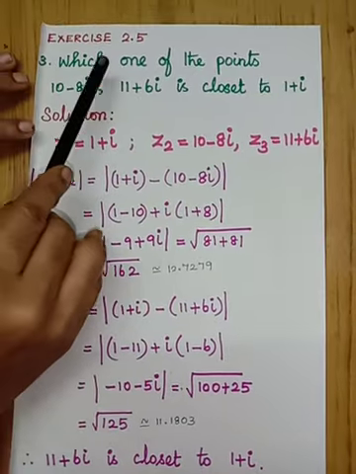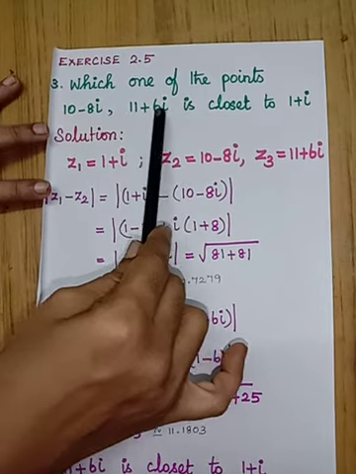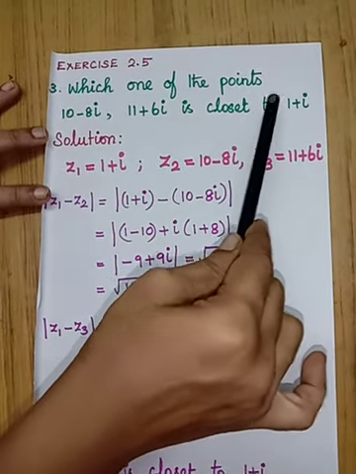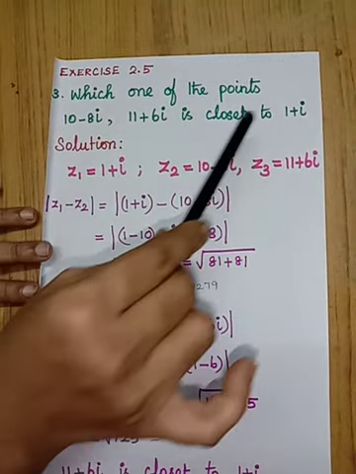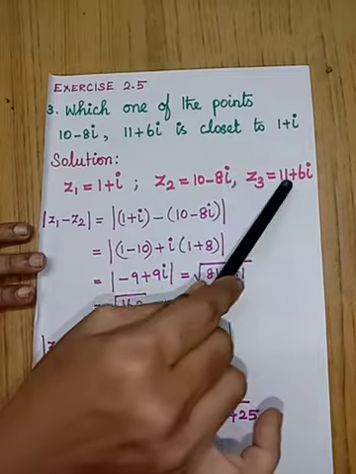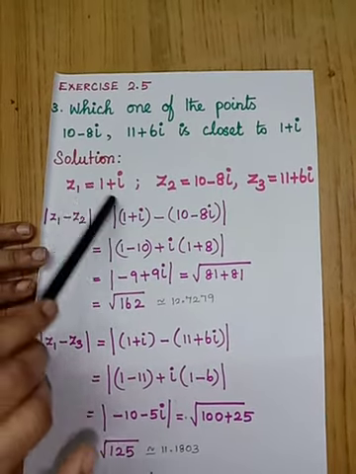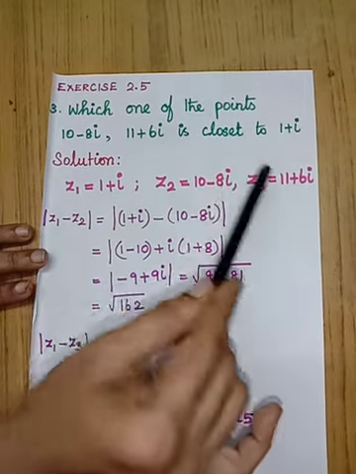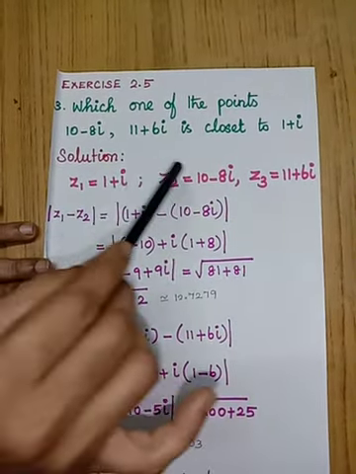The third problem: which one of the points 10 minus 8i, 11 plus 6i is closest to 1 plus i? Okay, so I have taken 1 plus i as z1, the second point is z2 and the third point is z3. So we have to compare 1 plus i with the other 2 points. So you are going to find the distance between these two.